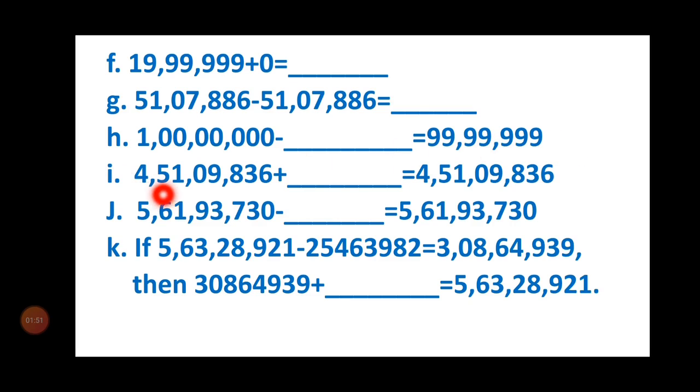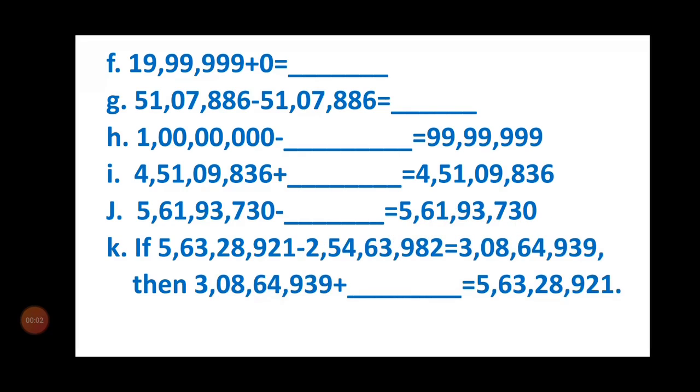I, 4 crore 51,09,836 plus dash is equal to 4 crore 51,09,836. J, 5 crore 61,93,730 minus dash equal to 5 crore 61,93,730.